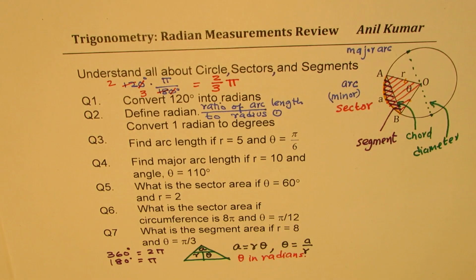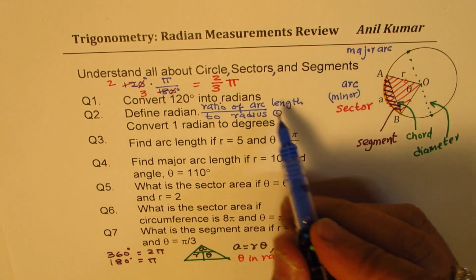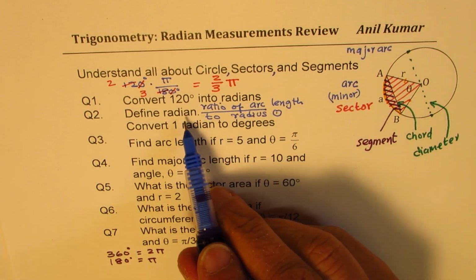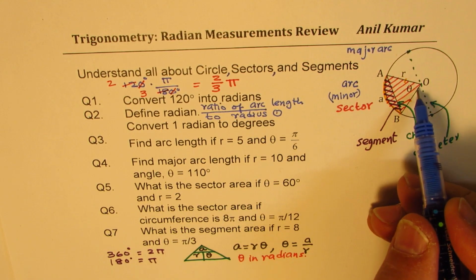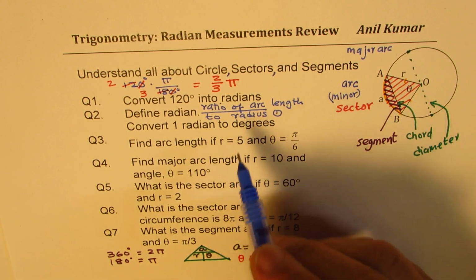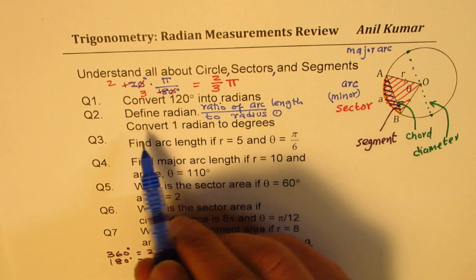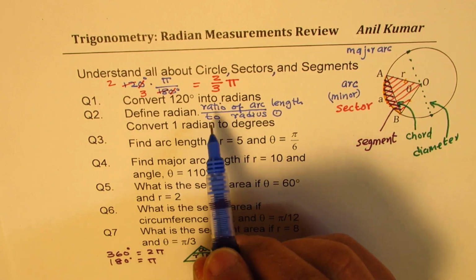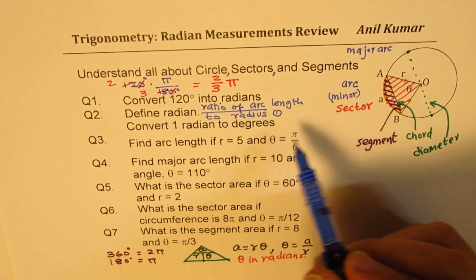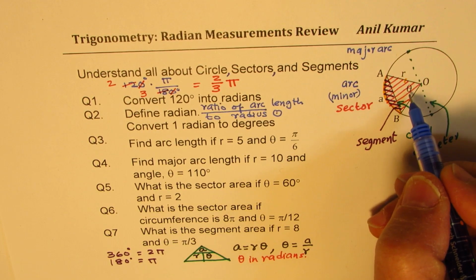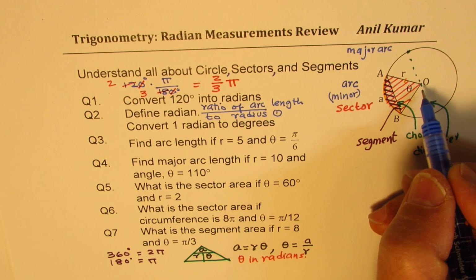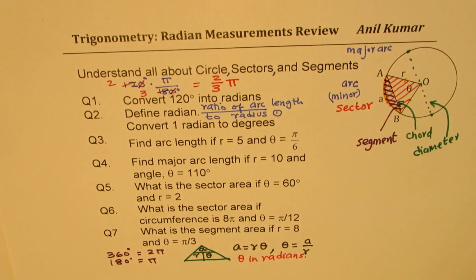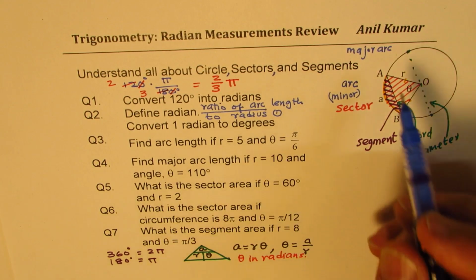So that ratio is the angle subtended at the center of the circle. So radian is the angle. I should write: 1 radian is the ratio of arc length to radius, and this is basically the angle which is subtended at the center of the circle by that arc, correct?